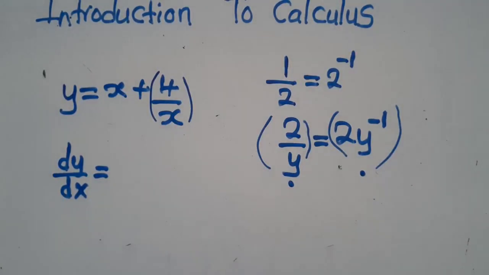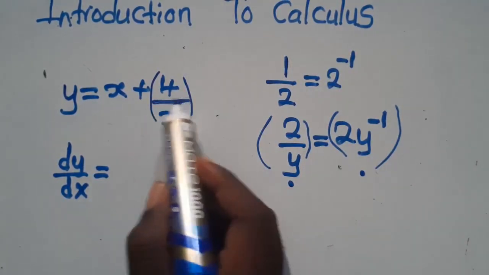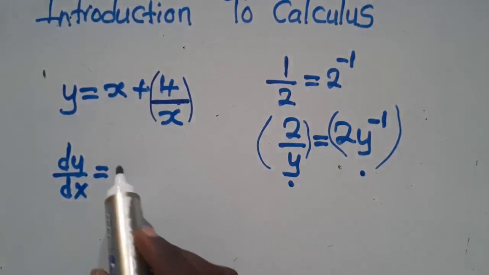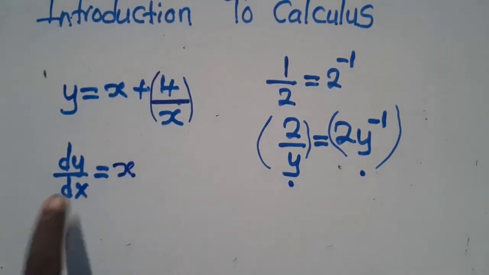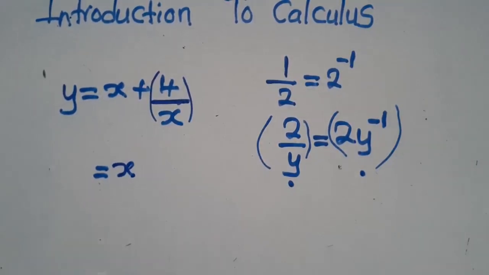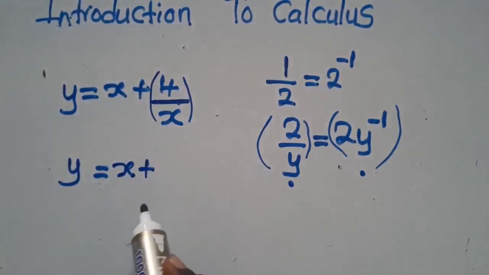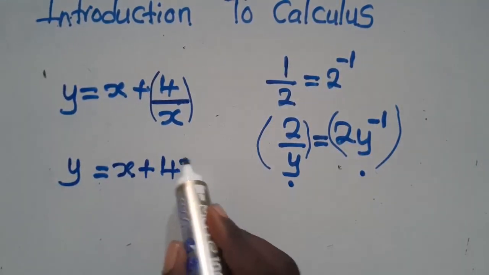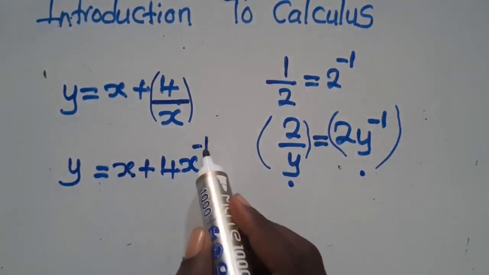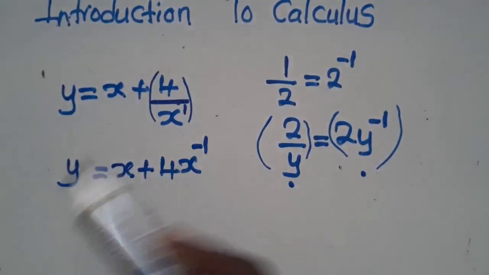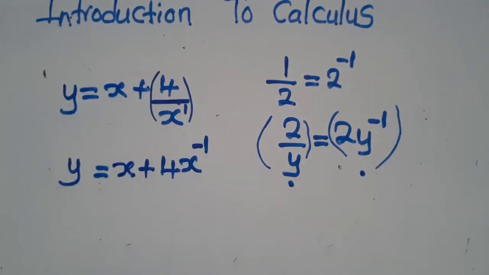The variable should not be on the denominator. It should go on top. So this is x. You rewrite this. You won't say dy dx. You say y is equal to x plus 4x to the power negative 1. Since the power is 1, when it goes on top, it becomes negative 1.